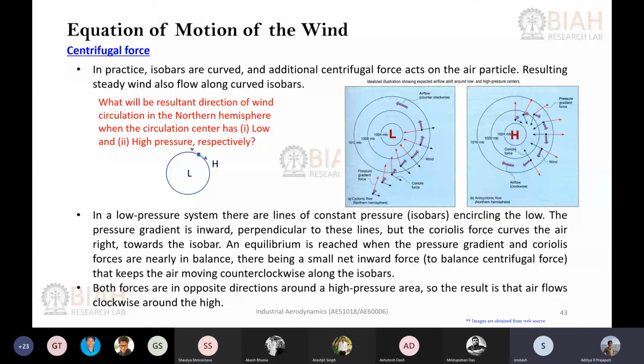Now the Coriolis force will be perpendicular to the relative wind. Whatever wind is initiating, let's say the air molecule is starting from here and going like this, the Coriolis force will be perpendicular to that wind, the relative velocity at that particular instance. So you can see that between these two, the resultant force will be deflecting the wind towards its right.